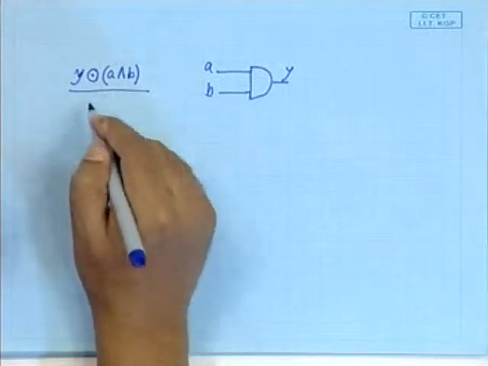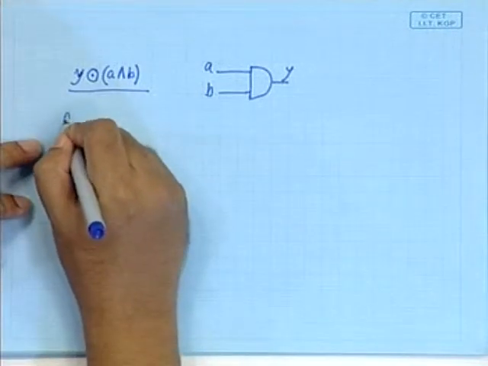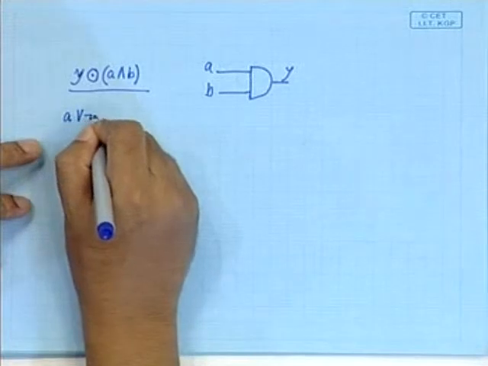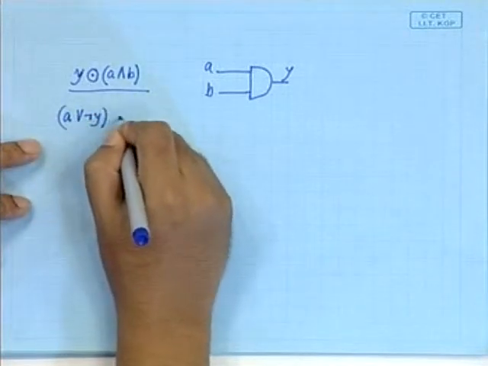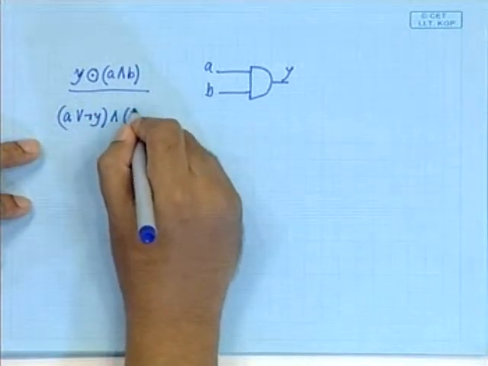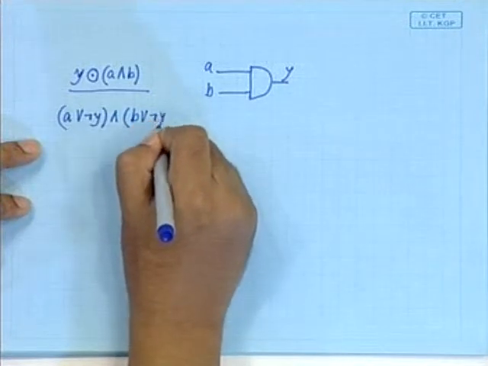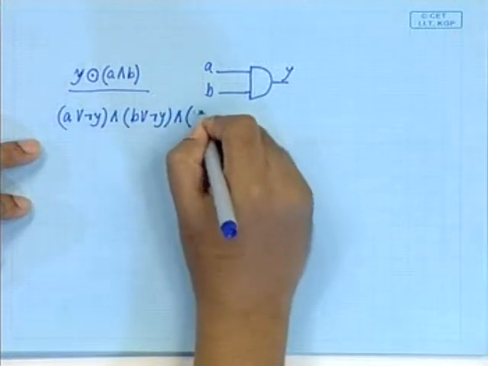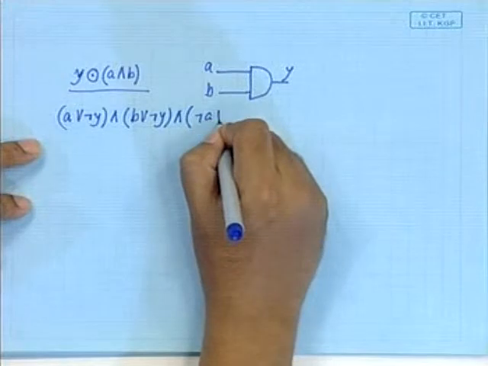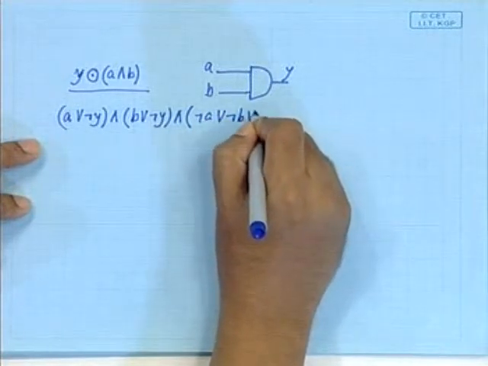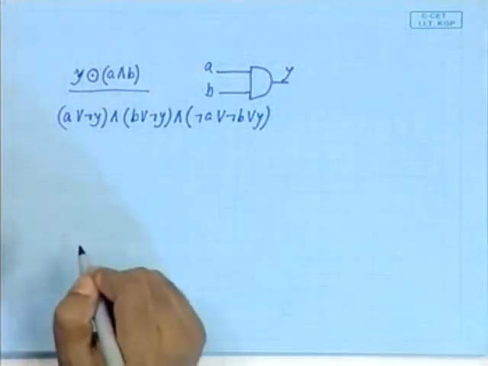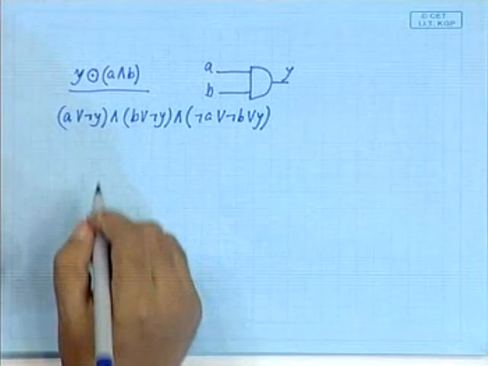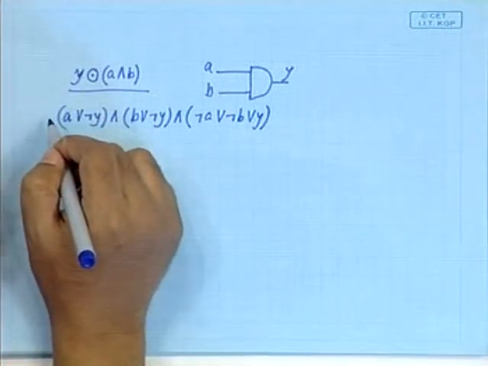If I convert this to conjunctive normal form, then I have the clauses A or not Y, and B or not Y, and not A or not B or Y. This is the standard conversion to conjunctive normal form.